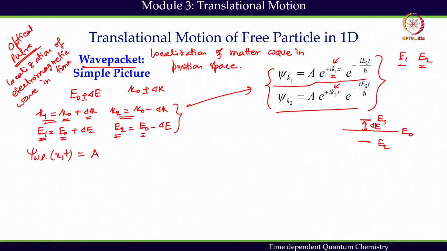Here we have taken 2 plane waves with slightly different energies, and we will write down explicitly the linear combination of these two, e to the power i (k1 x minus E1 t by h cut). Now k1 is given by k naught plus delta k, so e to the power i (k naught plus delta k) x, e to the power minus i (E naught plus delta E) t by h cut, plus e to the power i (k naught minus delta k) x, e to the power minus i (E naught minus delta E) t by h cut.